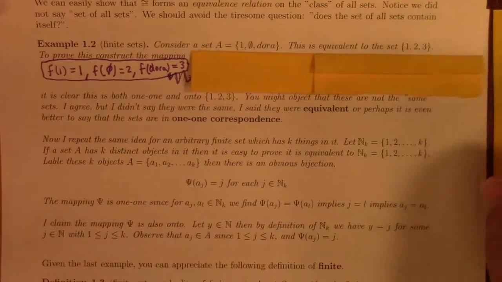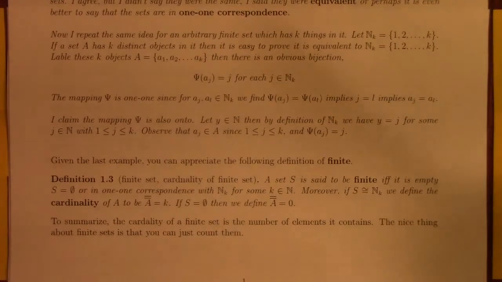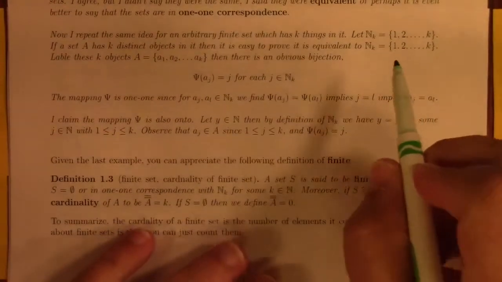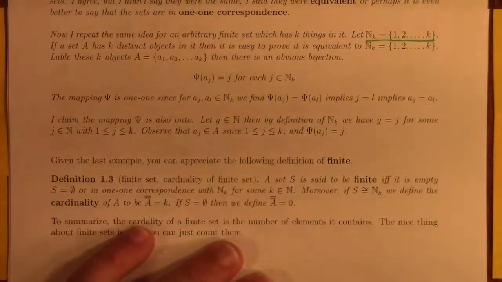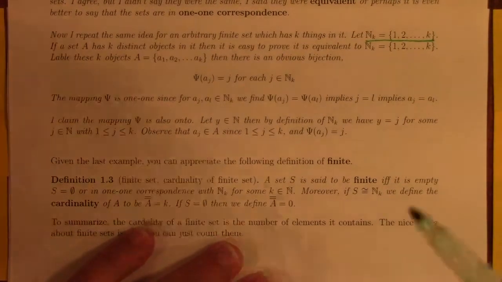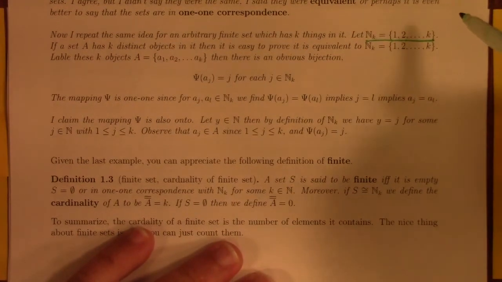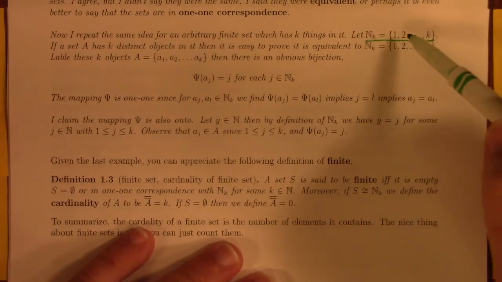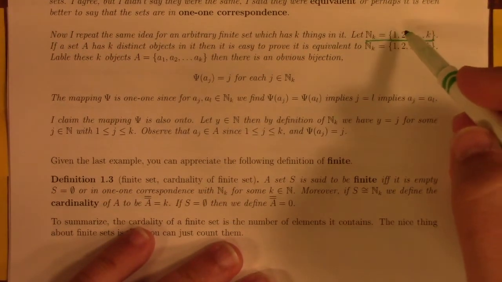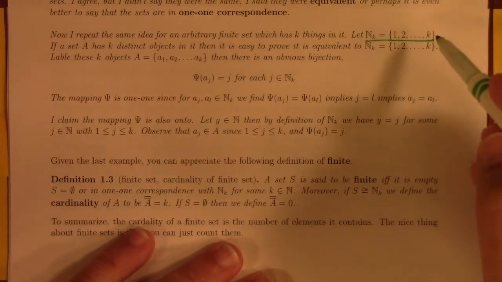So you can repeat the same idea for a finite set which has k things in it. I use this notation here, N sub k, the natural numbers from 1 to k, and we're going to say that the way we define something to have k objects in it is if there exists a bijection from N sub k to that set.